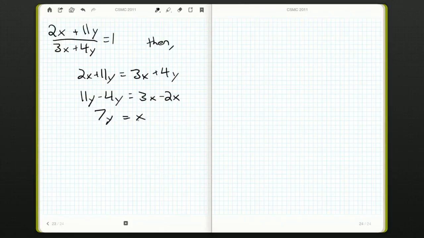So once we pick a value for y, we multiply it by 7, we get our value for x. So we could take y is 1 and x is 7, y is 2 and x is 14, or y is 3 and x becomes 21. Any of these values will work because it satisfies the relationship and so then satisfies the actual equation here.